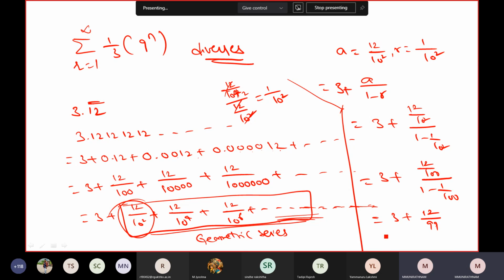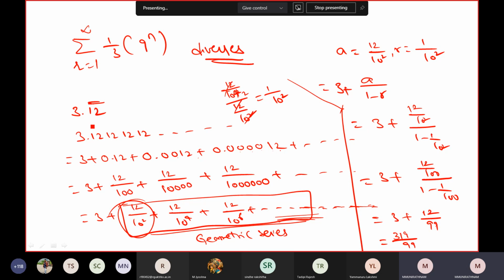By taking LCM, 3 plus 12 by 99. 99 times 3 is 297, plus 12 gives 319. So 319 by 99.